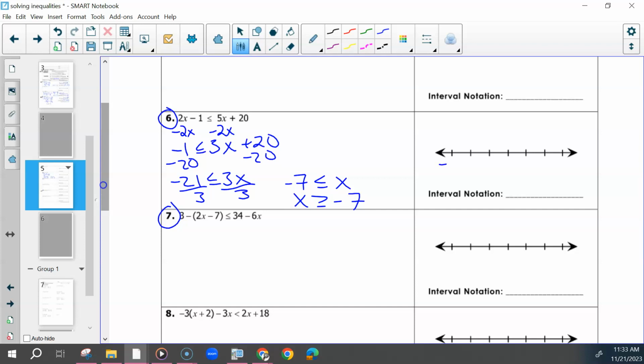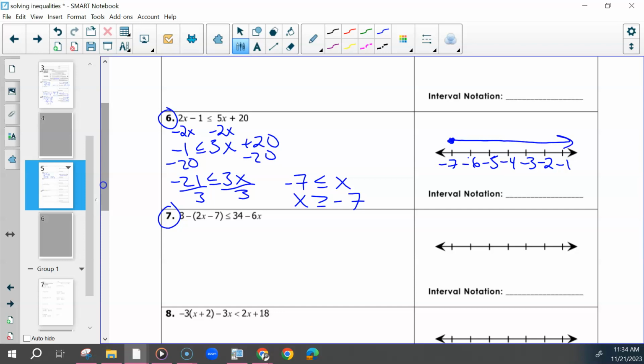So make your number line. Would this be open or closed? Closed. Going to the right or to the left? They're two different things. If it's greater than negative 7, it's going to be the numbers getting bigger, or the ones that are less negative.